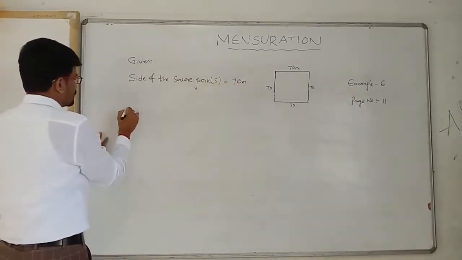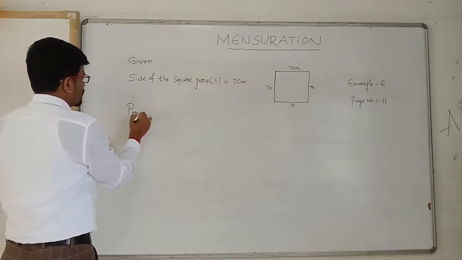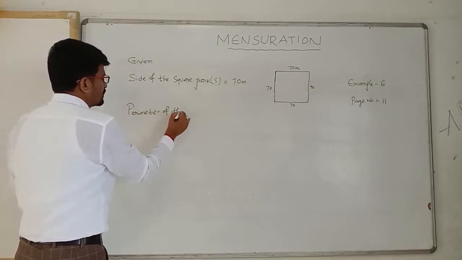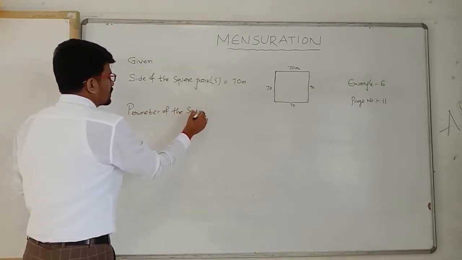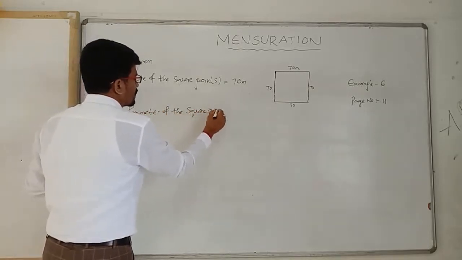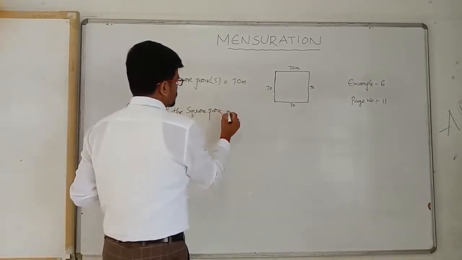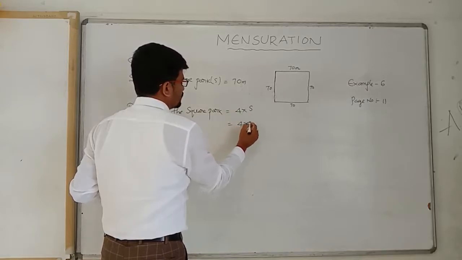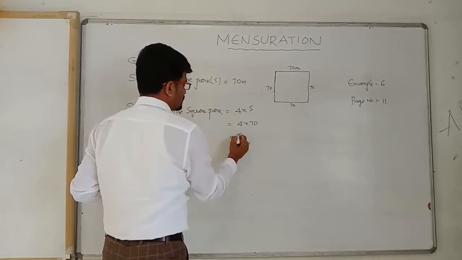Therefore, perimeter of the square park is equal to 4 into 70, that is 280 meters.